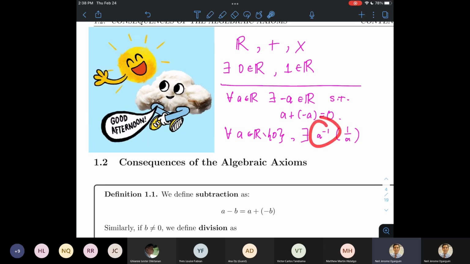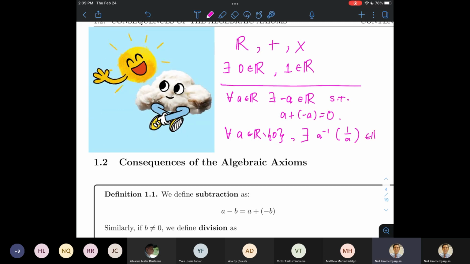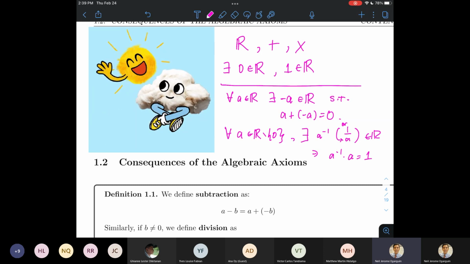So do not think of it as exponentiation because we haven't defined what exponentiation is or how it is done. Do not think of 1 over A as a fraction kasi wala pa tayong notion ng fraction. So we think of it as the multiplicative inverse of A. What is to be multiplied to A to get back the multiplicative identity? So this is a real number such that A inverse times A is equal to 1, the multiplicative identity.